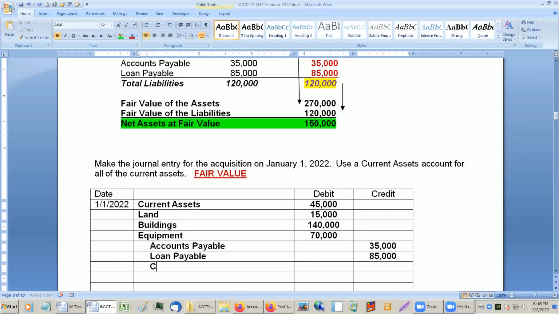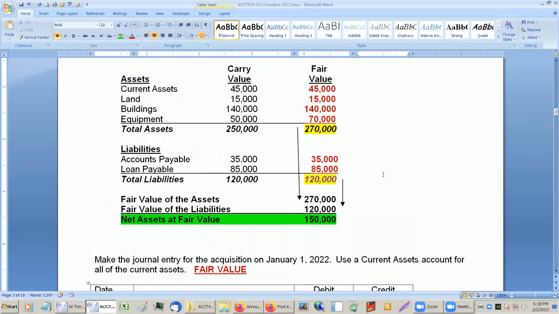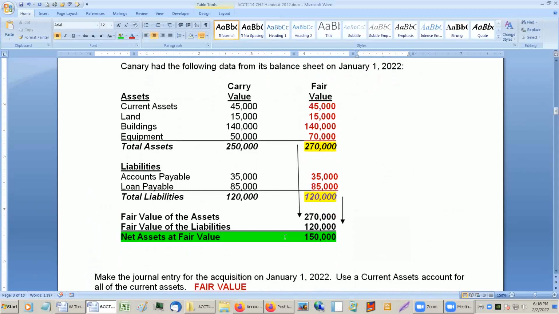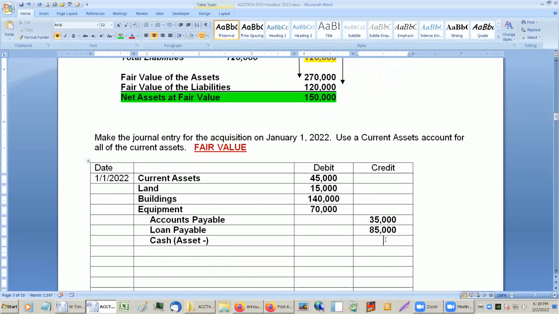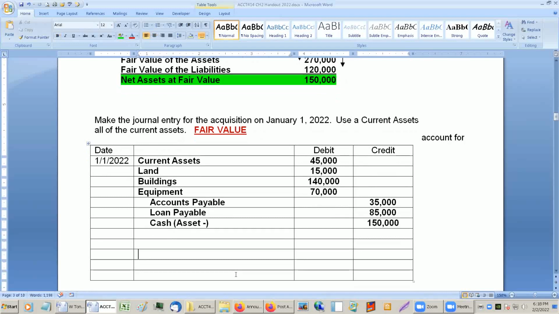Now we paid them cash. Asset going down of 150,000. Hopefully, these two sides add up.